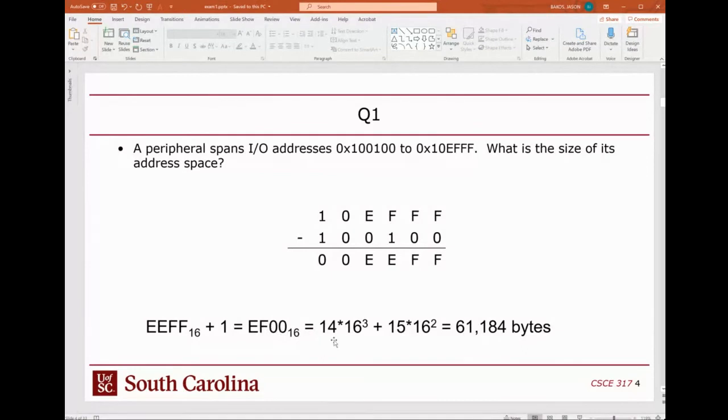So that would be 14 times 16 to the 3rd power plus, and then the F is 15, so that'd be 15 times 16 to the 2nd power because it's in digit position 2. Remember, digit positions are counted from the right to the left, starting at 0. And so that gives you 61,184 bytes as the answer there.